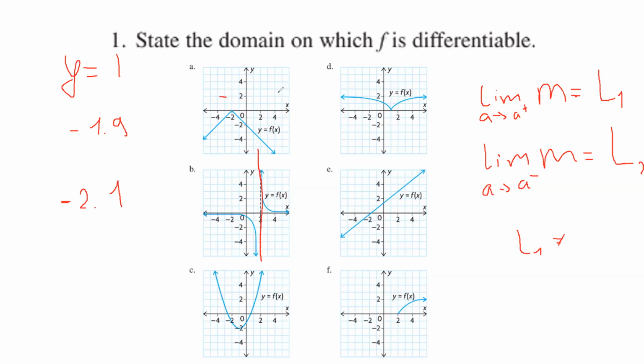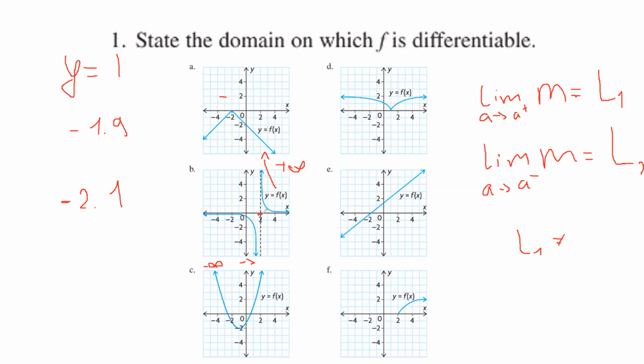Here we have what's called an infinity problem. From here you're approaching positive infinity, and from here you're approaching negative infinity, you see? And you can say right away that the limit of this function is not going to be the same from both sides.